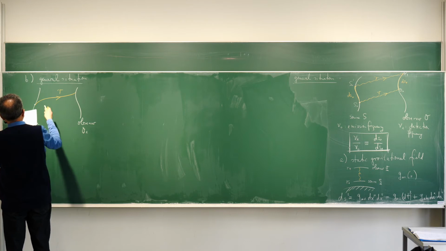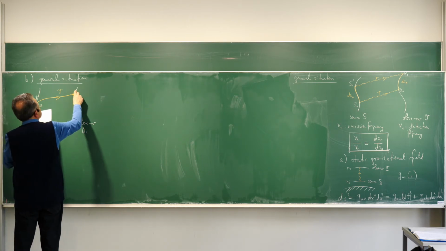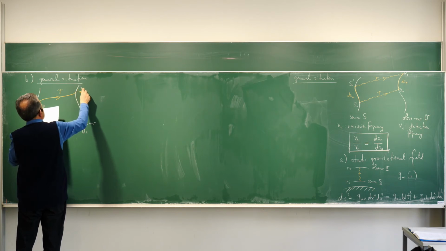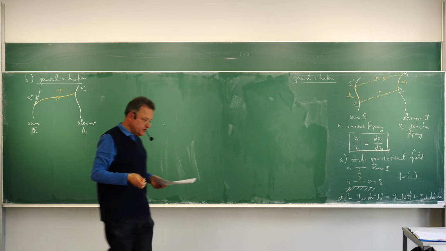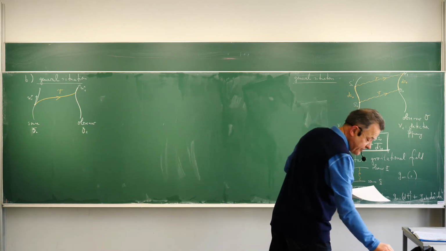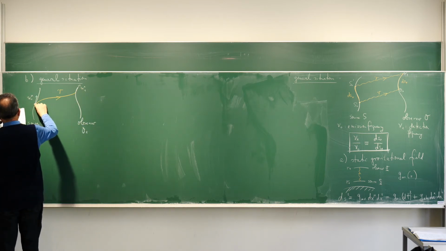So we have here then the 4-velocity tangential, which is u0 mu, and here also the 4-velocity u1 mu, and let us call the wave 4-vector of the light ray here k mu.